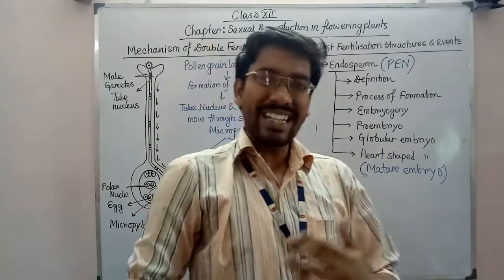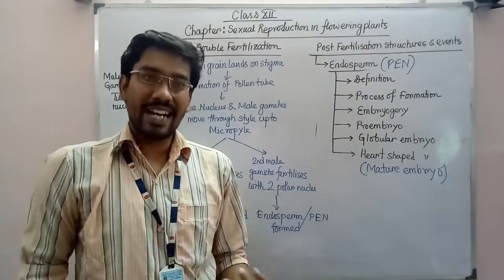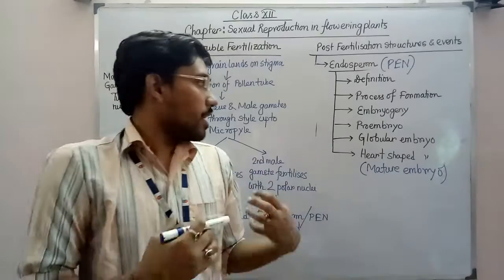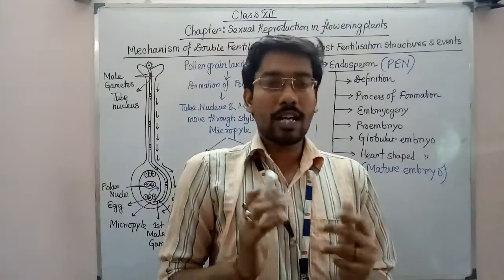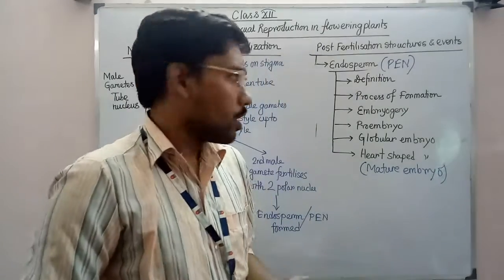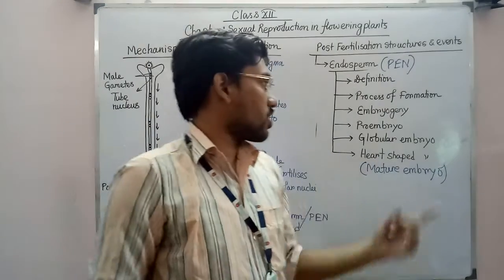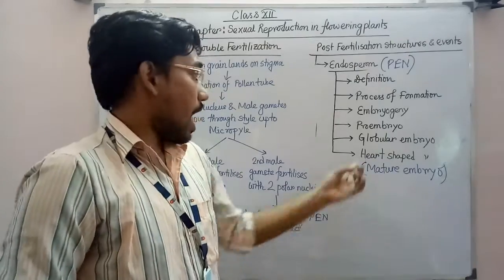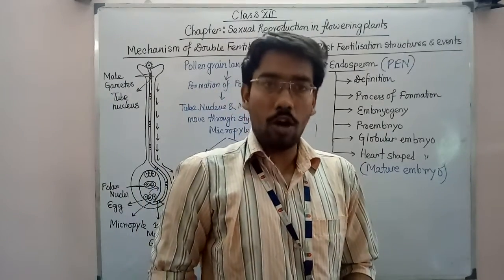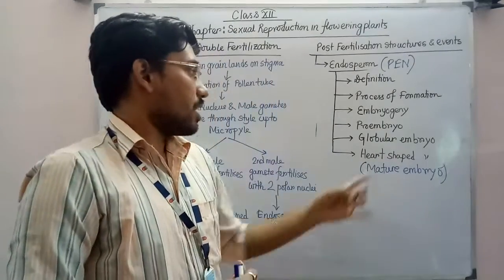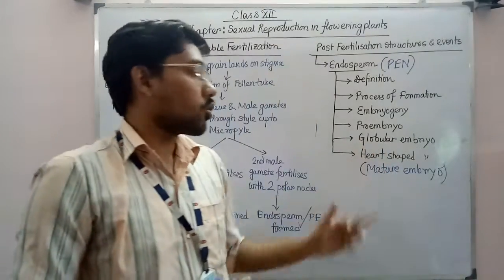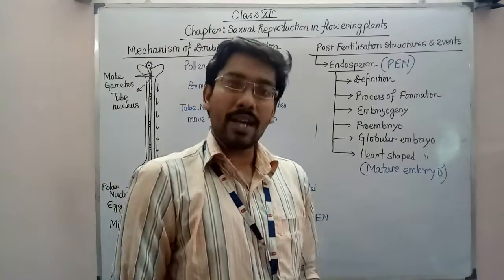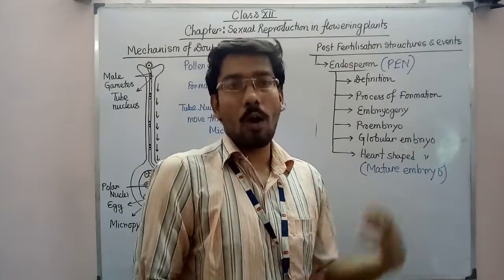When the proembryo develops further by obtaining nourishment from the endosperm, it forms the globular embryo. The globular embryo is the round-shaped embryo, that's why it is named globular embryo. This is the intermediate developmental stage of the embryo inside the seed, and the last, most mature embryonic stage is the heart-shaped embryo, the mature embryo, which is formed from the globular embryo again by obtaining nourishment from the endosperm.